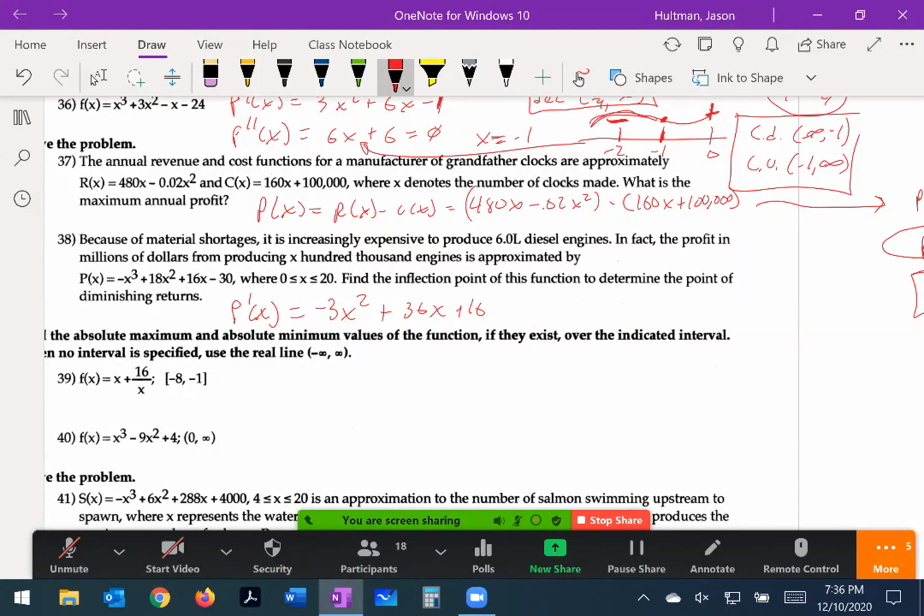So now let's look at the second derivative. This is negative 6x plus 36. Set that equal to 0, and you get x equals 6. Okay, so find the inflection point. So x equals 6. So I would plug that back into the original function, and I would get p of 6.